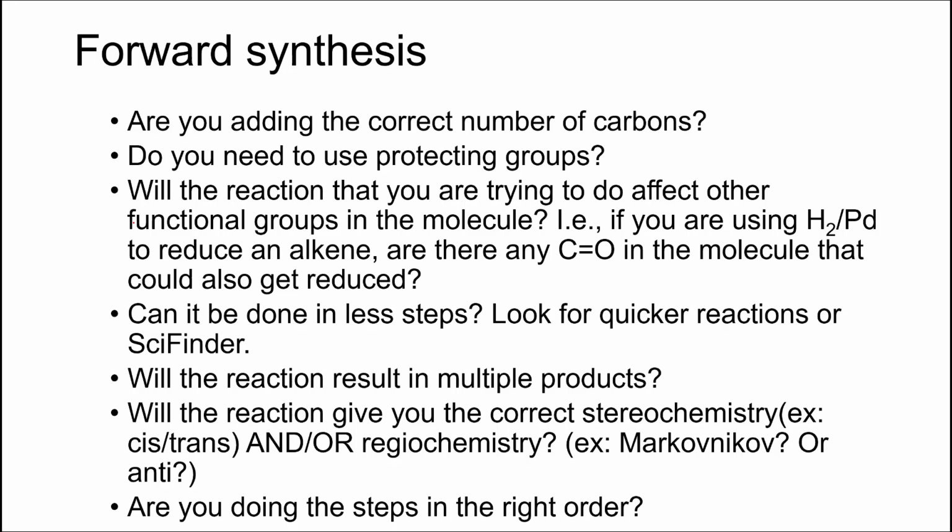You also want to make sure that your reaction is giving you the correct stereochemistry if that's an issue. So if you are getting cis, do you need to be getting trans? Is it going to give you a mixture? Also make sure that you're getting the right regiochemistry, so a Markovnikov addition versus an anti-Markovnikov addition. And then also check to make sure you're doing the steps in the right order. We saw this was especially important in the aromatic electrophilic substitution chapter.